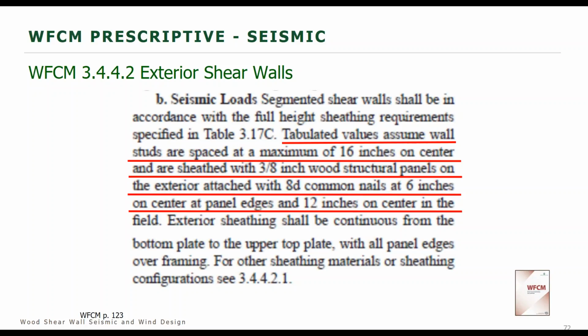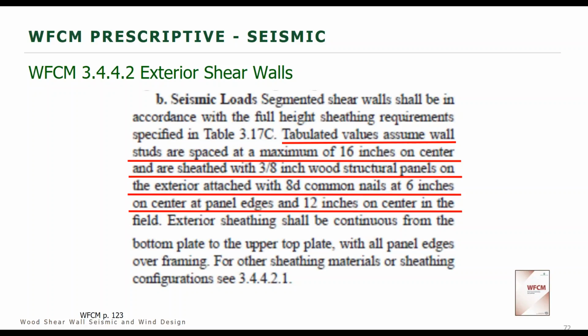Now, in the previous webinar that we did, we got some questions about what it means by 6 inches on center panel edges and 12 inches on center field nailing. So the 6 inches on center on the panel edges is just that: all around whatever wood structural panel, that panel edge, we're going to have some nailing of 6 inches on center.